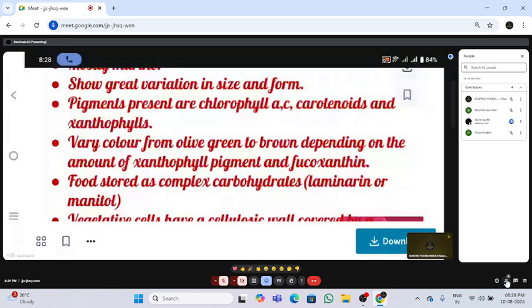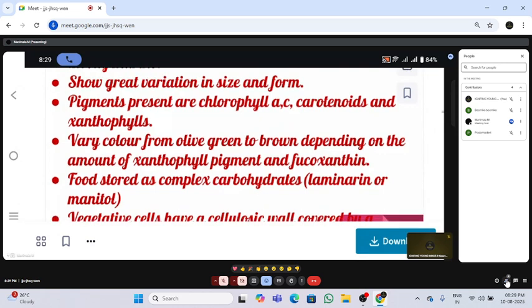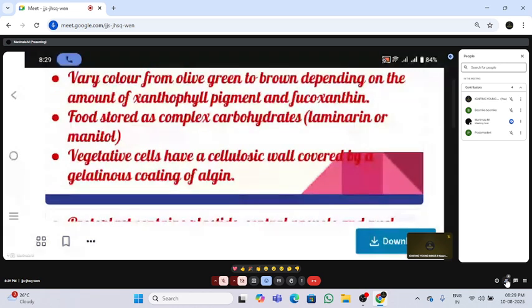The brown colour is due to the xanthophyll pigment and also the fucoxanthin pigment. Due to the presence of these two pigments, they mask the green colour of chlorophyll a and c. And the reserve food material is laminarin and mannitol, both of which come under carbohydrates.